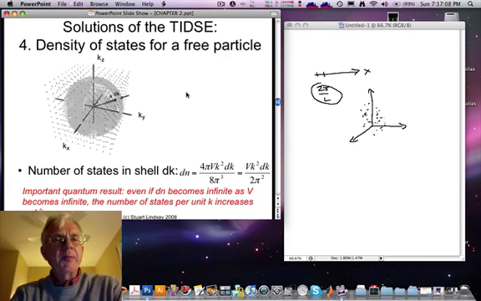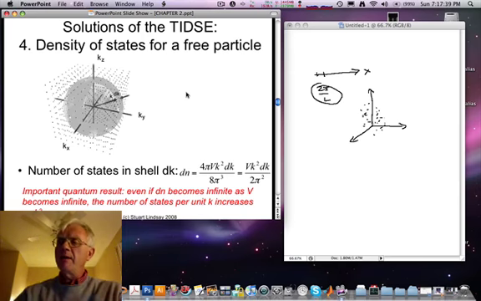k values. And the non-trivial result comes when we ask how many states are there between a point k and k plus dk. Now this is an isotropic space, so the value of k, kx squared plus ky squared plus kz squared, can be described by a line pointing out from the origin and touching a sphere of radius k.